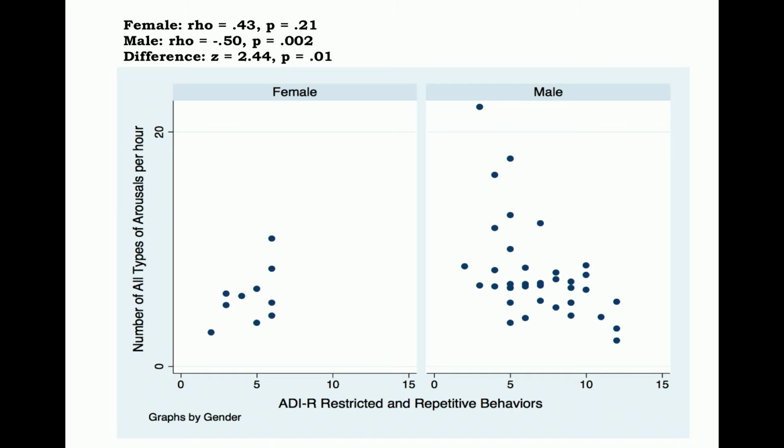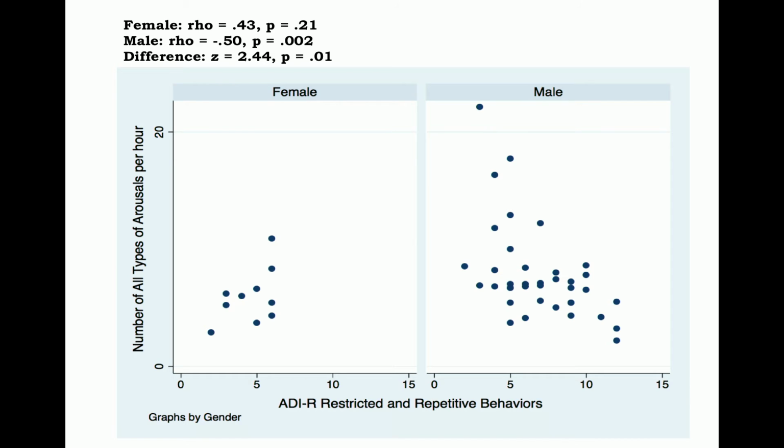It was, in fact, the total number of times they wake up during the night. And in this case, we're really not seeing much impact on females, but we're seeing a very significant association between the amount of fragmented sleep an individual who's male with autism has and their performance. Then actually they'll have increased numbers of restrictive and repetitive behaviors if indeed they have a fragmented sleep.